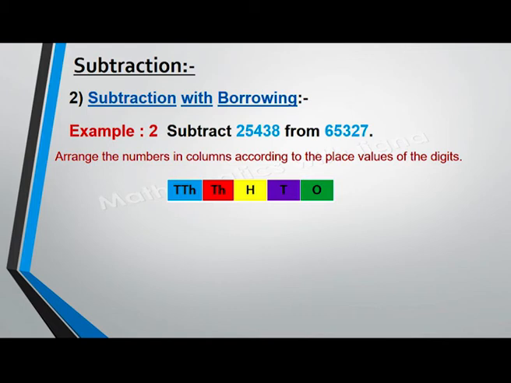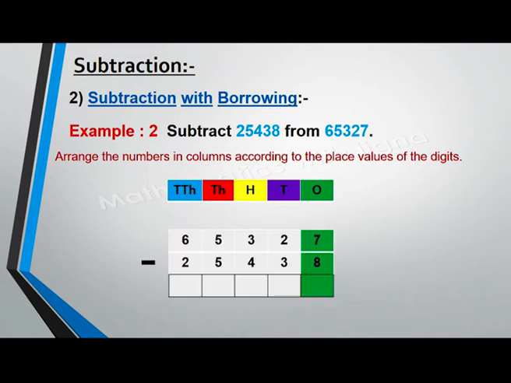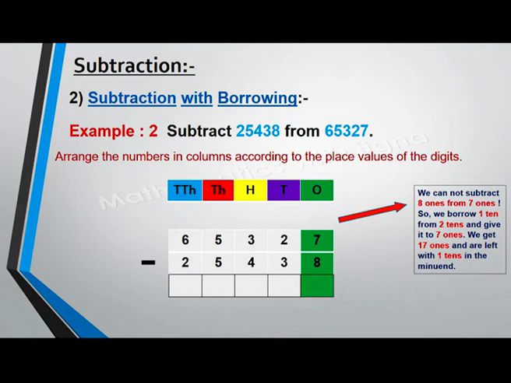First, subtract the ones. We cannot subtract 8 ones from 7 ones. So we borrow 1 ten from 2 tens and give it to 7 ones. Then we'll get 17 ones. Now subtract 8 from 17, we'll get 9 and are left with 1 ten in the minuend.